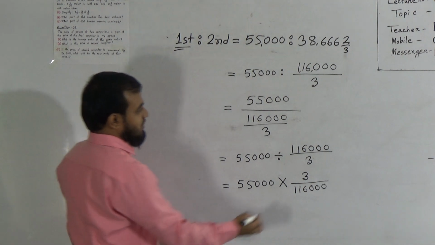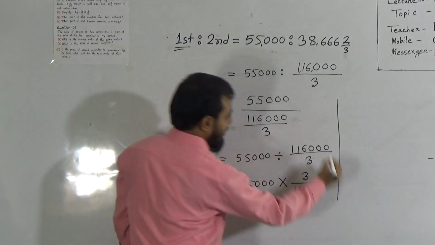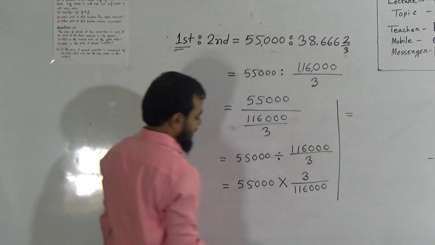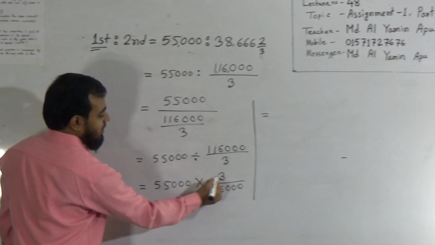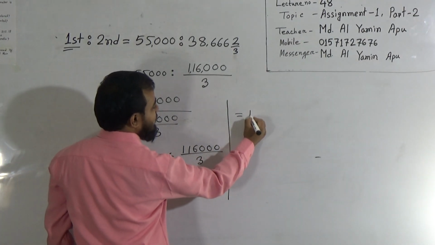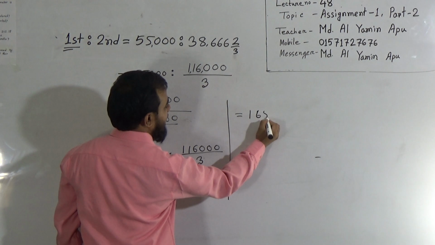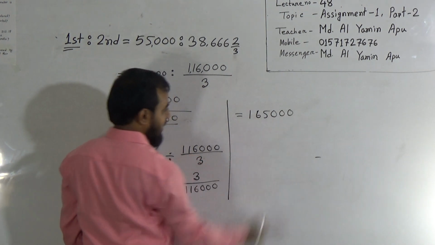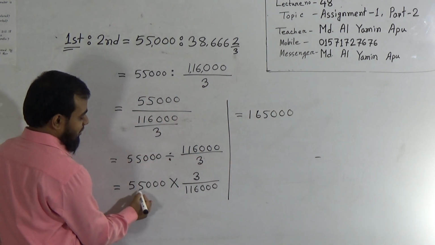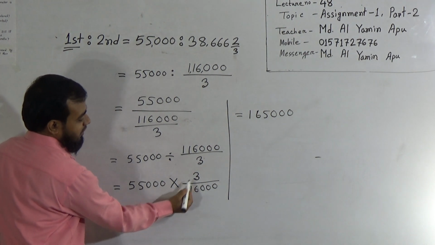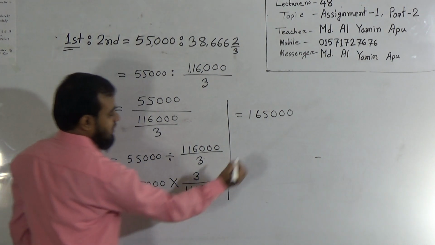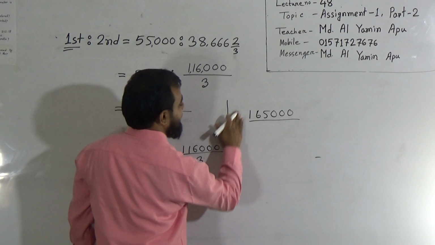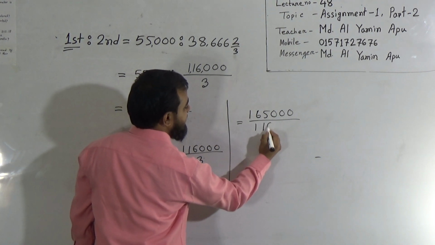Okay, now it's a simple multiplication. 55,000 multiplied by 3 will get 1,65,000, and the denominator remains unchanged. That means the denominator will be 1,16,000.